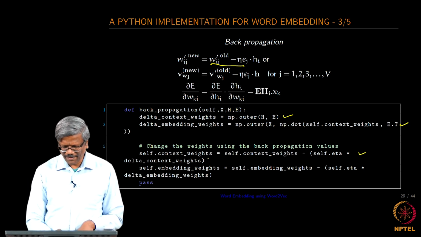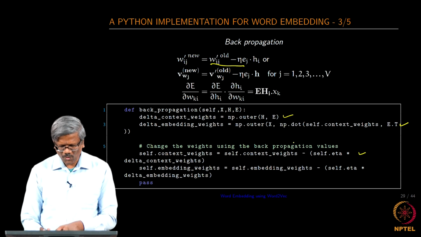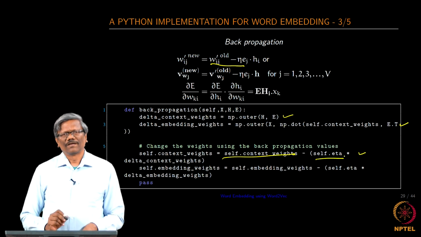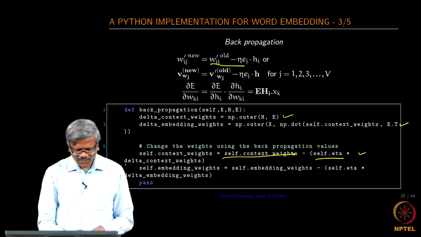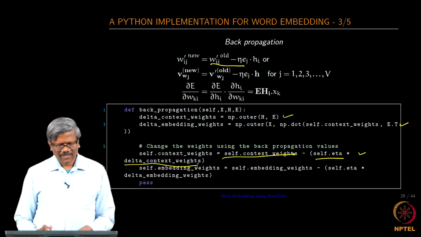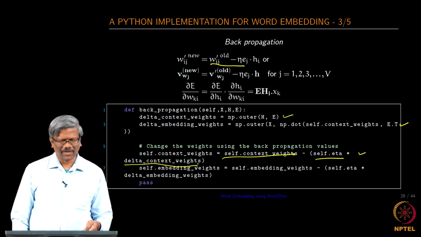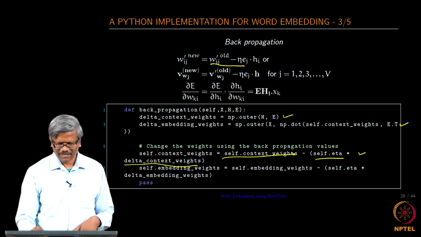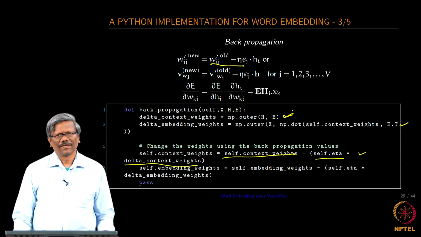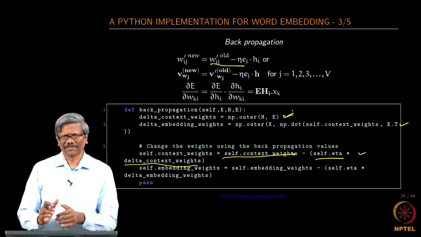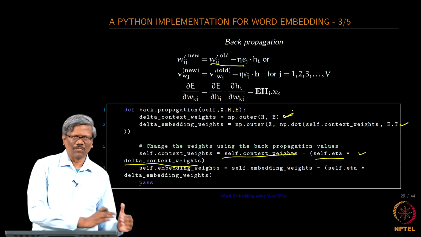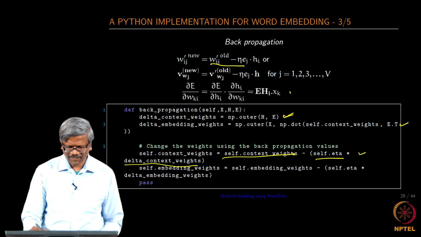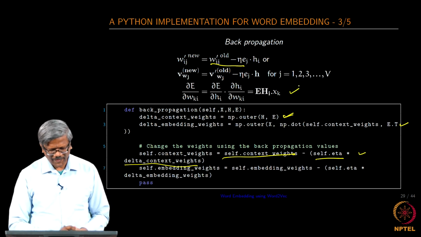So, the new weights are updated using the old context weights, and then use a learning parameter, and then use the delta context weights which we computed earlier here, and get the new context weights. So, once the context weights are obtained, we now go back to the embedding weights and then update them as well. Again, using the formula, we are going to be updating the embedding weights.